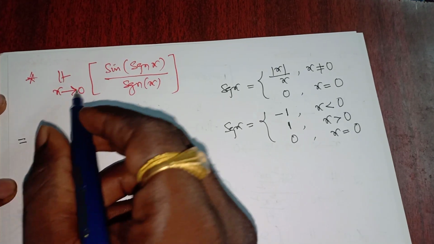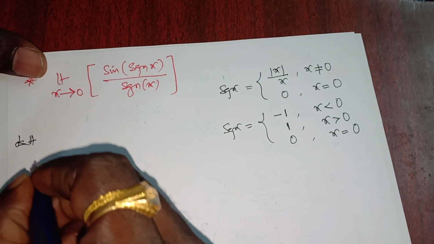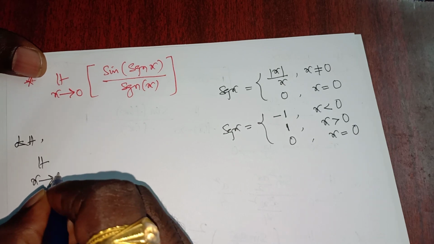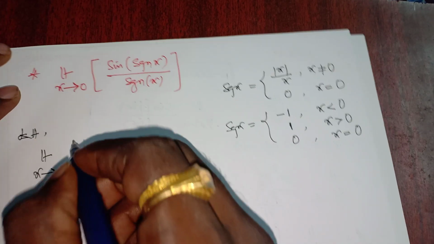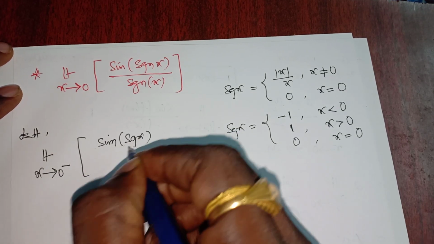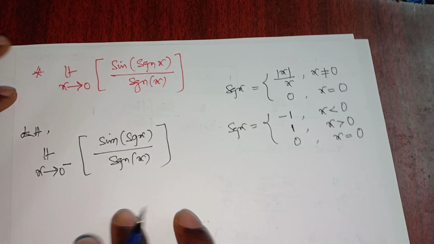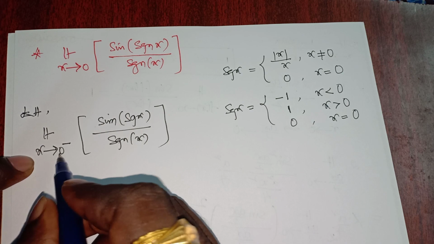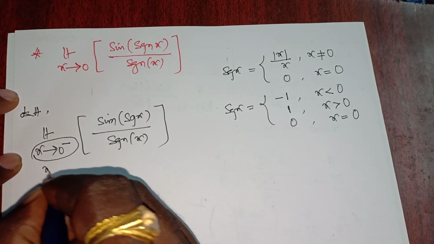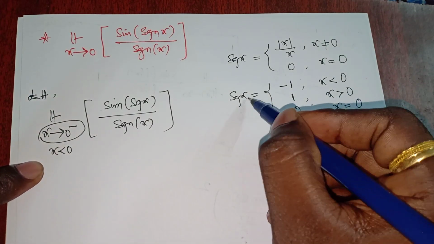Here, first one, we need to find the left hand limit, that is limit x tends to 0 minus, [sine of signum of x divided by signum of x]. As x value approaches 0 from the left side, which means that x is less than 0 and very close to 0, signum of x is what?